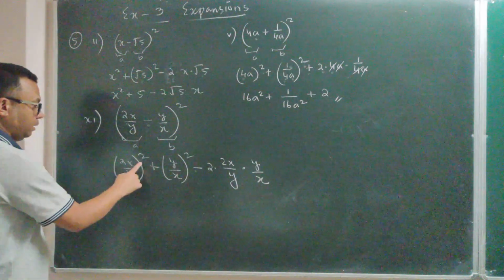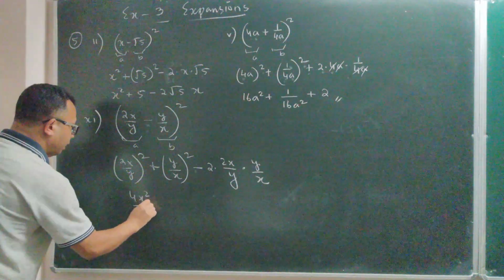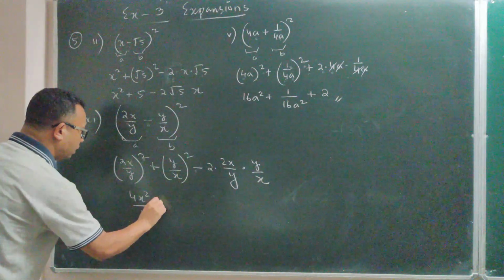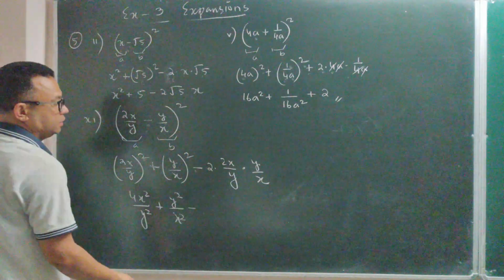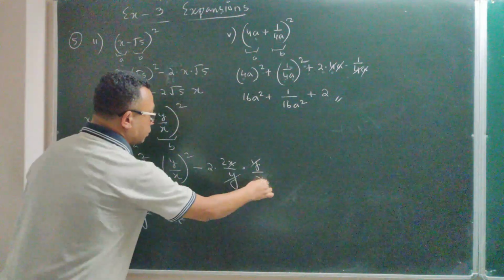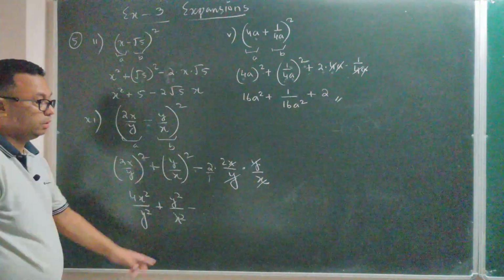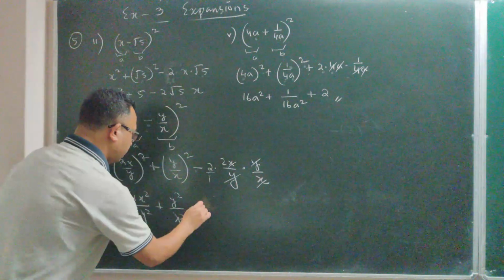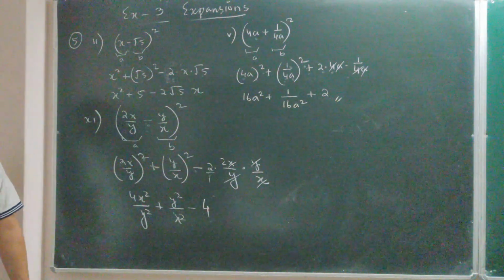Square is for everything inside, so 2 square is 4x square and square is for y also, so it is y square by x square minus. Here y and y, numerator and denominator cancel, x and x also cancel. Don't start cancelling these two, both of them are in the numerator, 2 means it is 2 by 1, so you will multiply, 2 into 2 is 4. Yeah, this is your expanded form of minus.